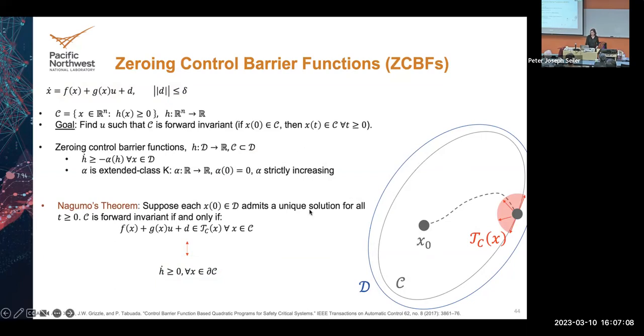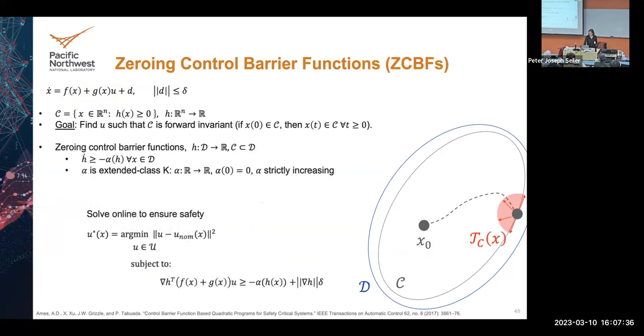If you look at safety from this perspective, you want the state of your system to stay inside a particular set. And you want to build these control barrier functions in a way in which, when your state hits this boundary, it will be immediately pushed back inside. So how do we solve this online to ensure safety?